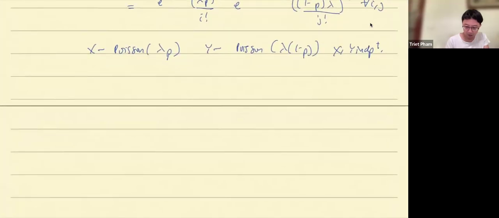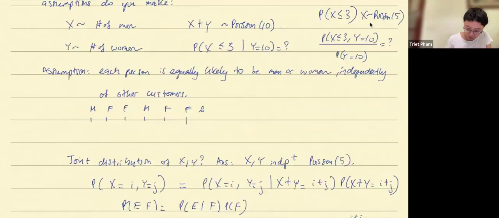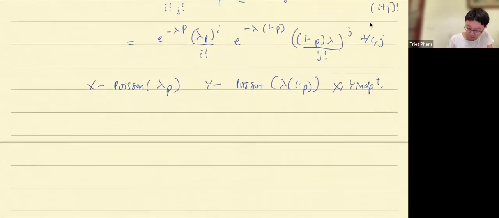So let's look at question 6.17. Let's make this quiz 5.